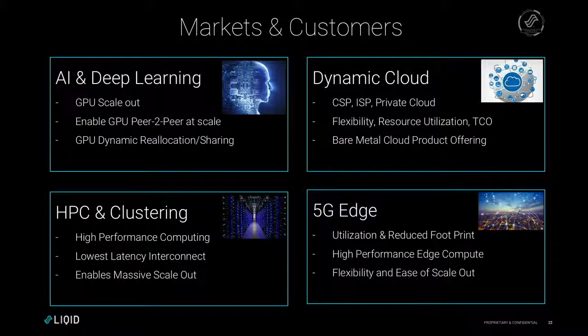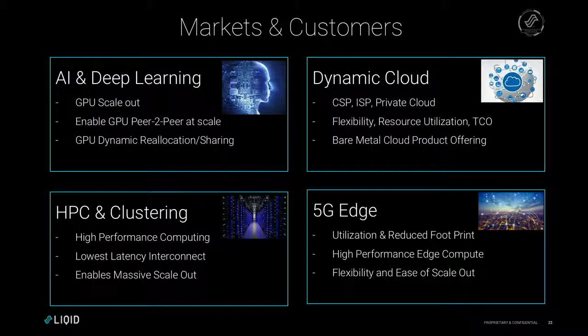The next thing that we enable is the dynamic reallocation of these resources, like the media customer we have. Give them to this person during the day, give them to that person at night, raise the utilization rate of those GPUs. And the third one is extremely important. This one is around peer-to-peer capability, or think of x86 bypass.